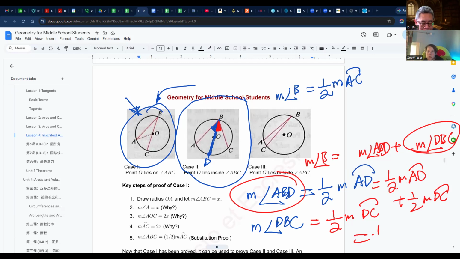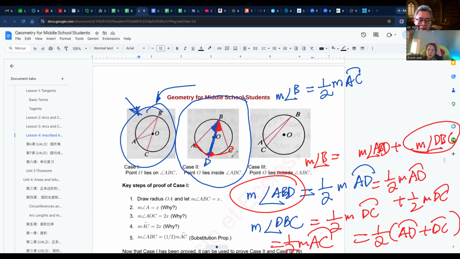So put them together, it's half of AD plus DC. Now, AD plus DC, of course, that's AC. So that's equal to half of measure AC. So basically, we use this proof twice. We did one side of it, then we do the other side, then put them together. Good?